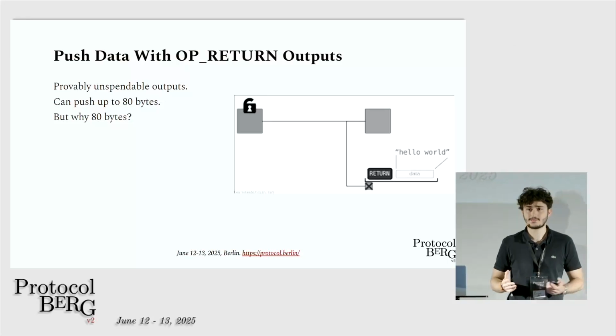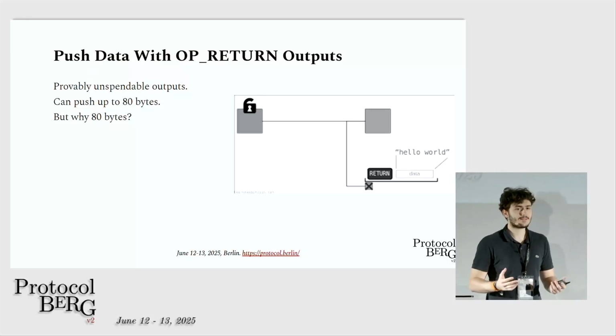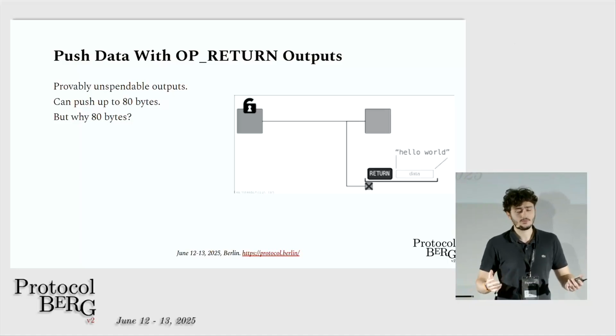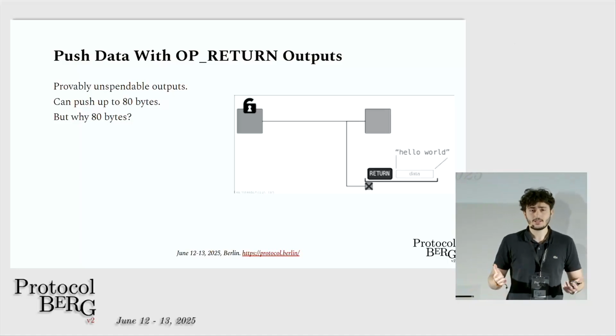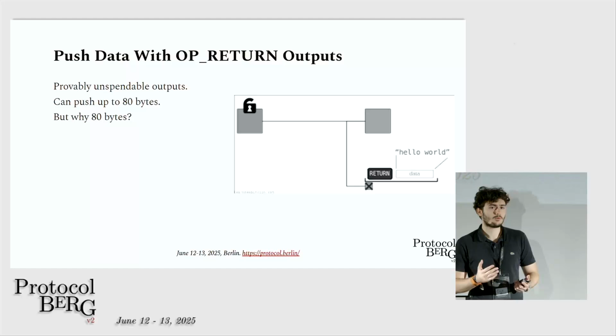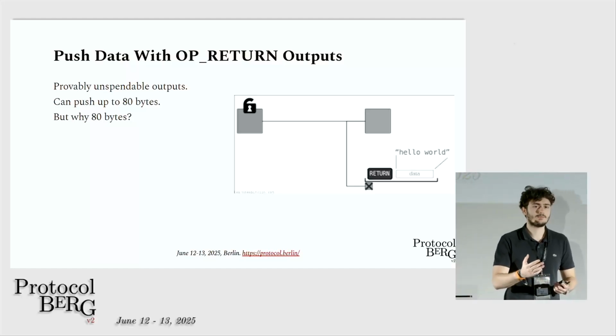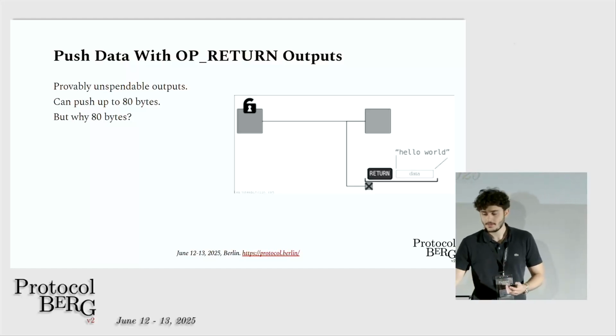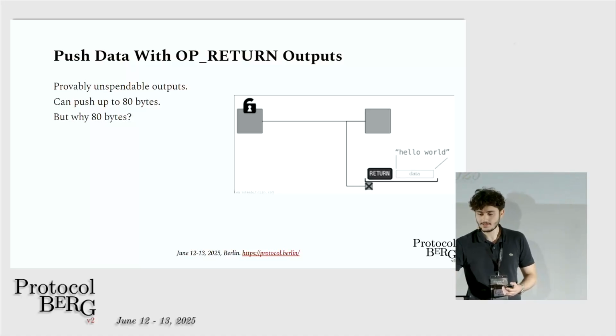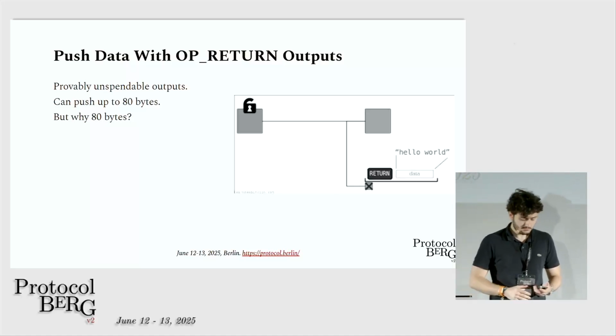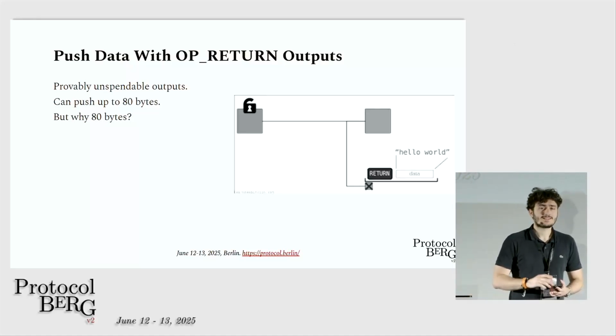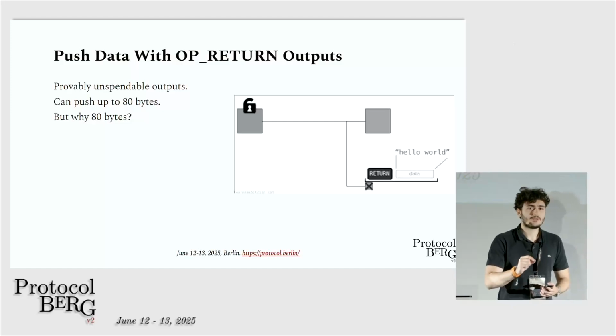And you may ask, why? Is a transaction limited to 80 bytes maybe? No. When you look at consensus rules, you can make your Bitcoin transaction as big as the block itself, so 4 megabytes. But there are certain limitations in Bitcoin nodes that specify when that node is going to propagate some transaction or not.